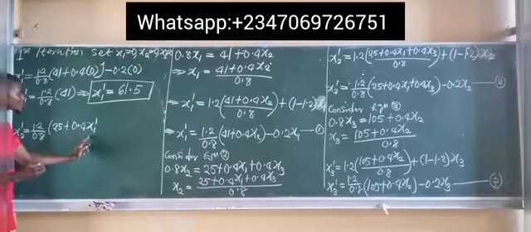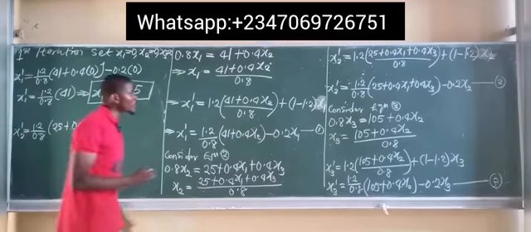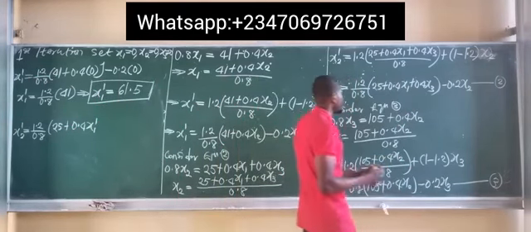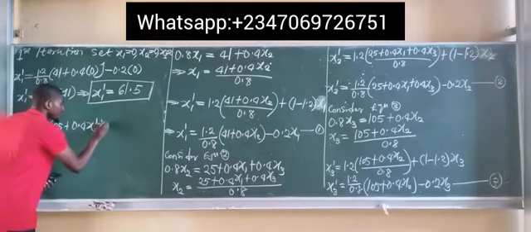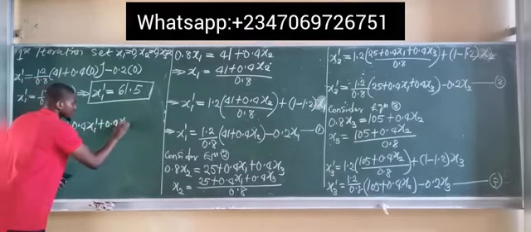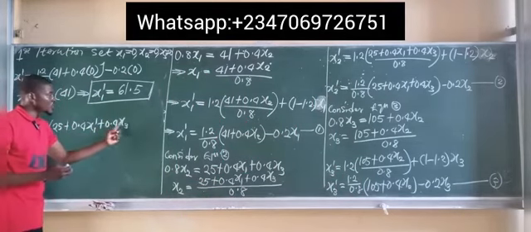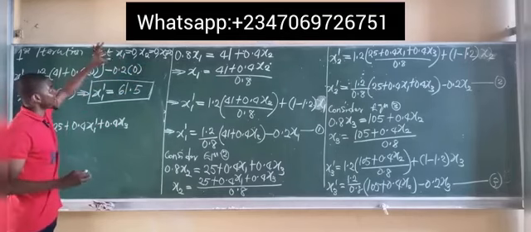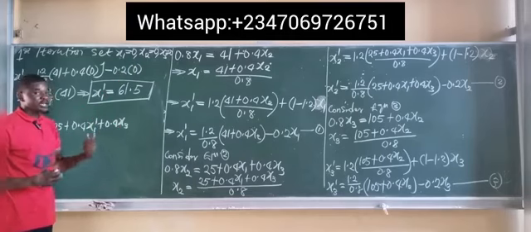So this becomes x1 prime, which means previous iteration for x1. All right. So plus 0.4 x3. Now, we've not done any iteration for x3, so we'll still consider the initial iteration of x3, which we consider to be 0. So these are all the initial values of iteration. So therefore, x3 will also be considered as 0.